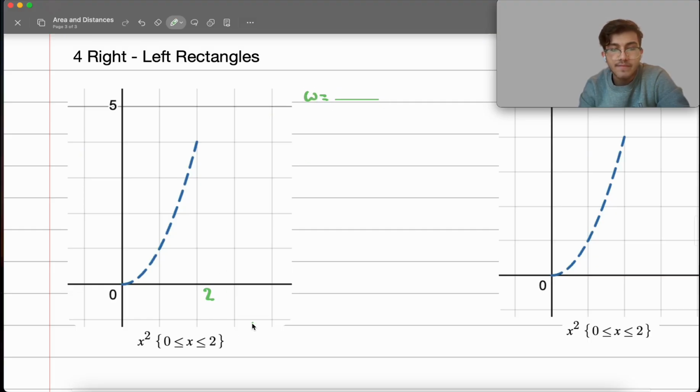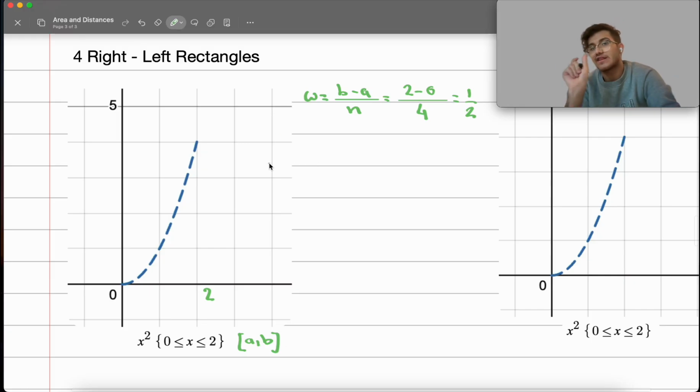If your domain is from a to b, you can just say b minus a over the number of rectangles. So b minus a, b is 2, minus a, which is 0, over the number of rectangles, which is 4, will give me 1/2. So the width of my rectangles is 1/2.